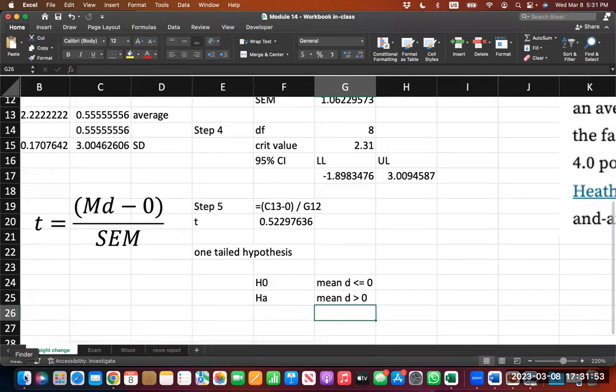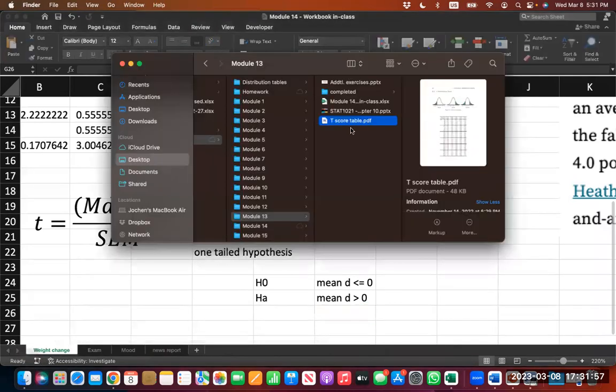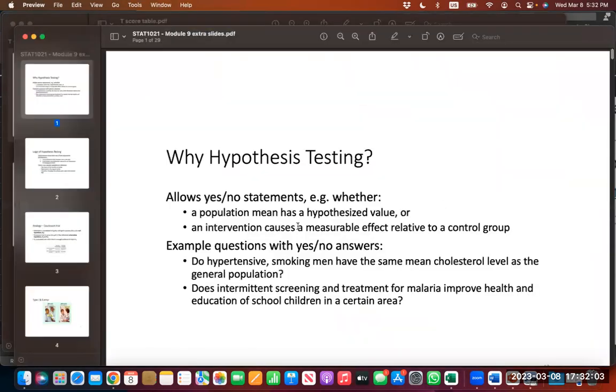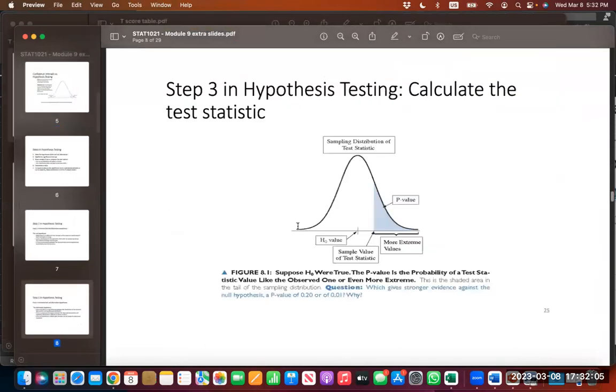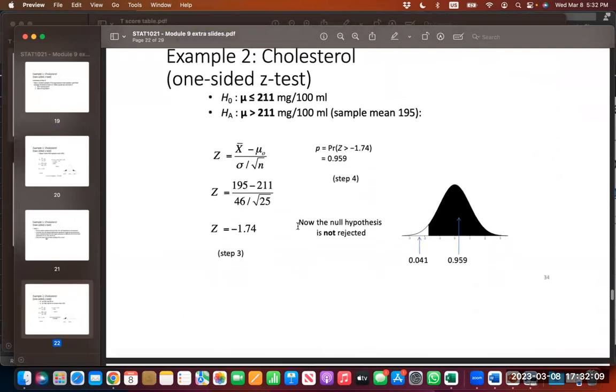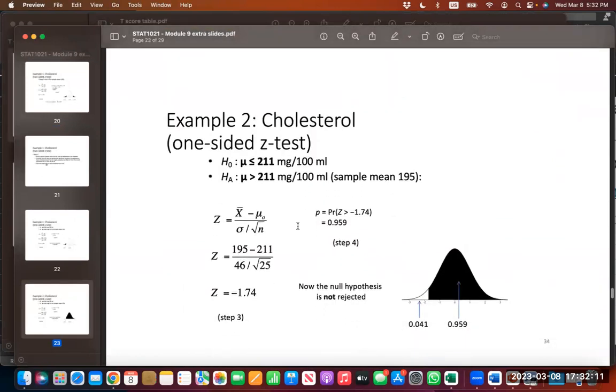So always remember this slide. It's still my favorite slide in that regard. Do you remember the cholesterol example? When you have the cholesterol example, you have here a one-tailed, one-sided test that basically tests the null hypothesis that mu is smaller than our population mean.